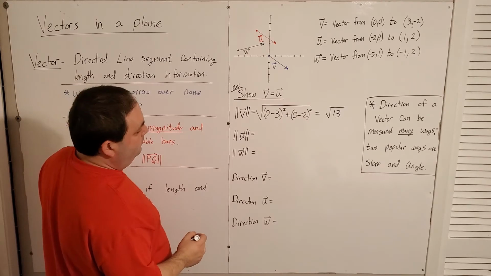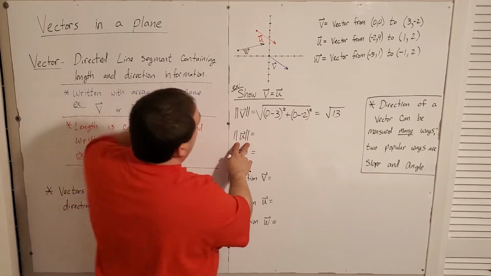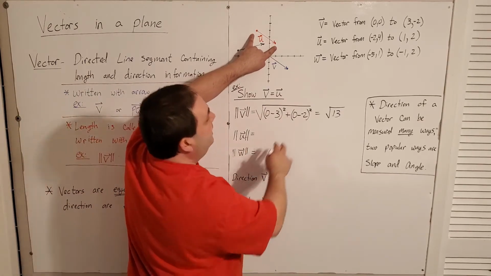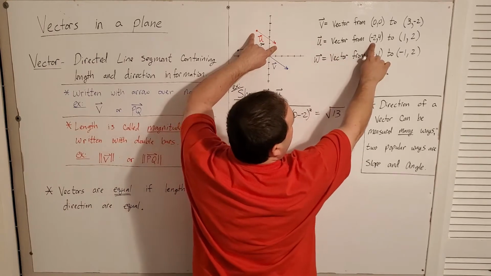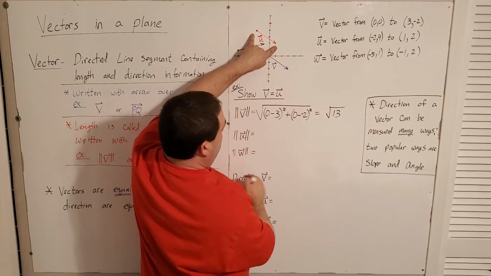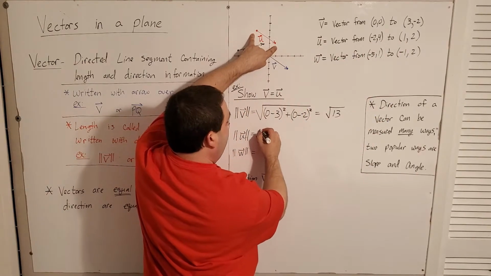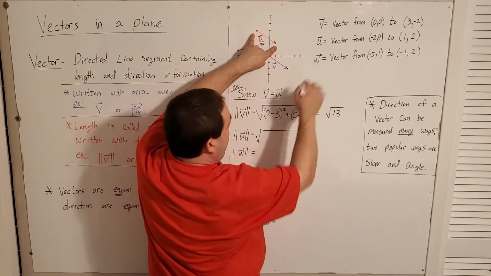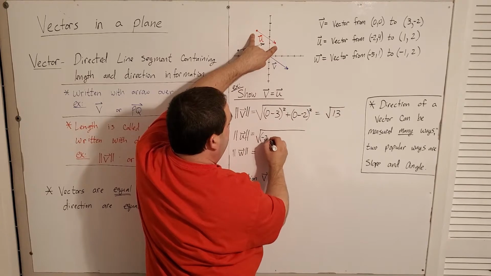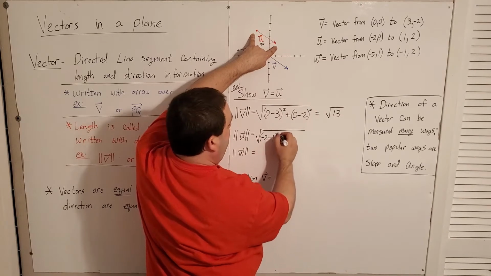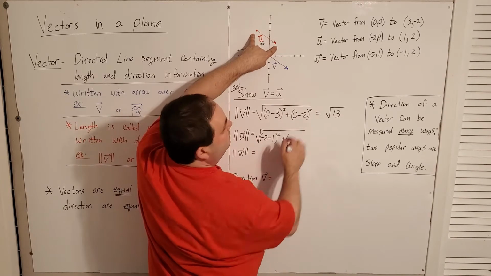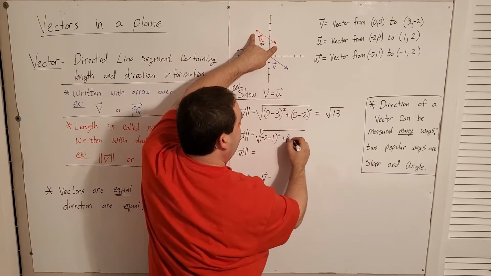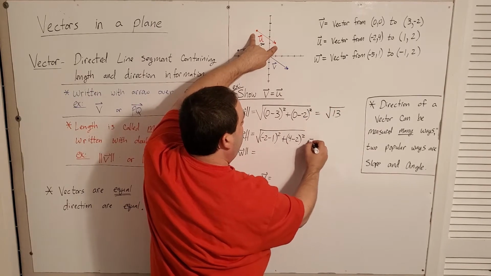Now, vector u up here is the vector between -2, 4 and 1, 2. Same type of calculation. I'll be doing a distance between 2 points. That'll be -2 minus 1 squared plus 4 minus 2 squared.